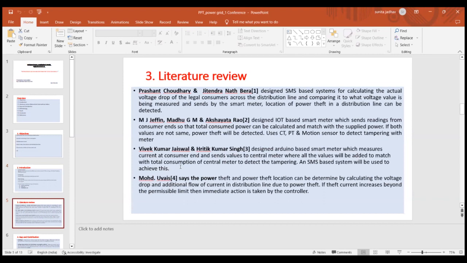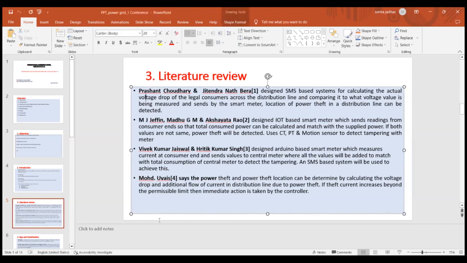This is some literature review on the electricity theft topic. Prashant Chaudhary and Jitendra Nath Mehra designed an SMS-based system for calculating the voltage drop. Basically, this system was based on voltage drop, where the sending end voltage and the receiving end voltage, meaning the consumer end voltage, are compared, and the comparison shows the losses.